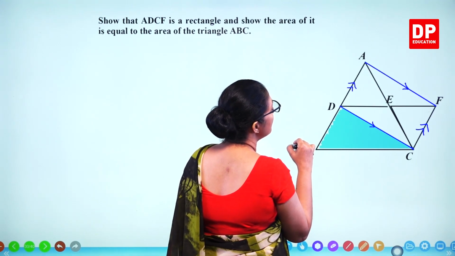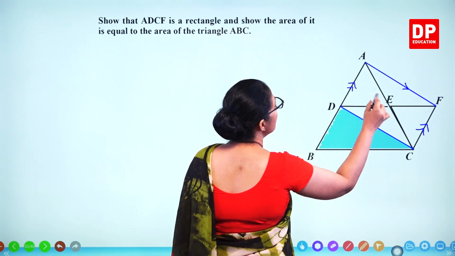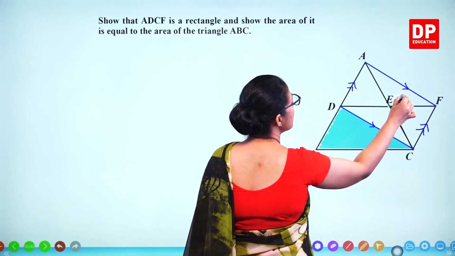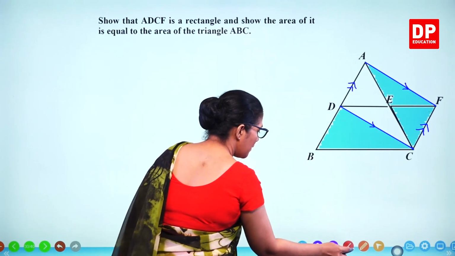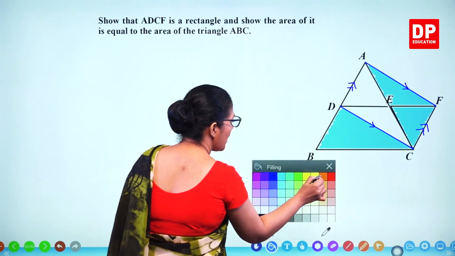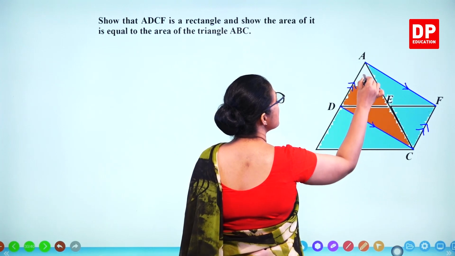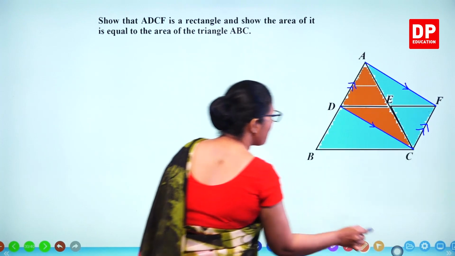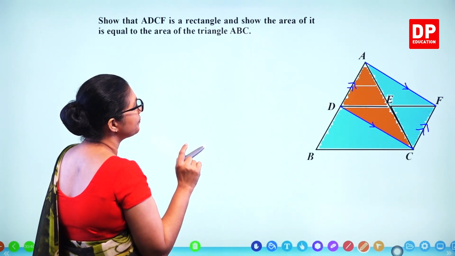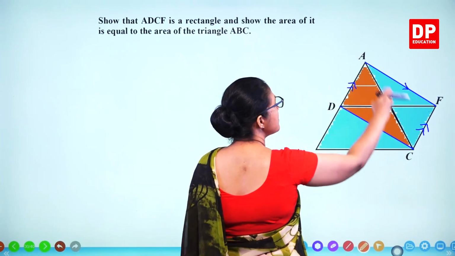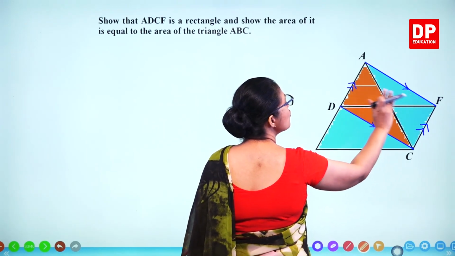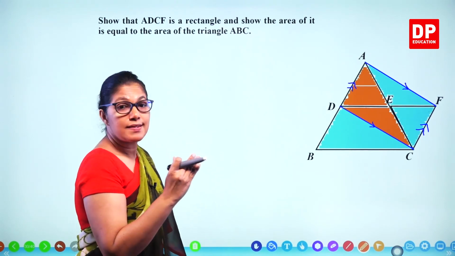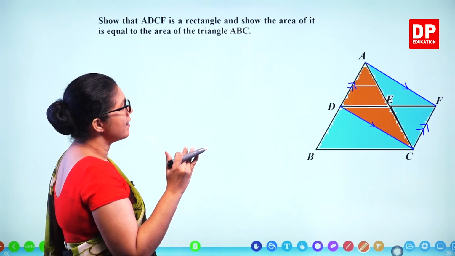See, you have to take these 2 and we'll take another color to show that that's the same. Okay, so here the AC is the diagonal, so these 2 areas are equal because diagonal bisects the area of the rectangle.